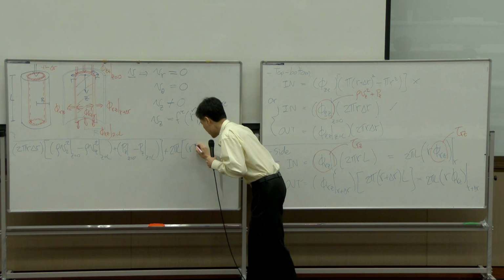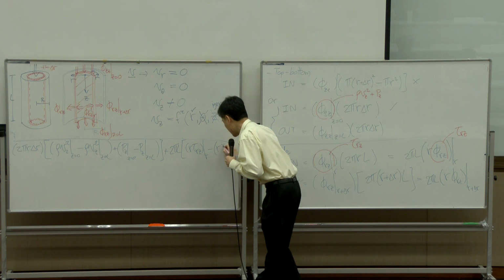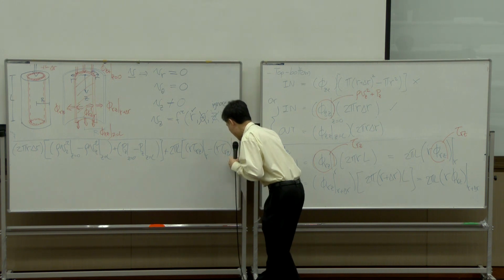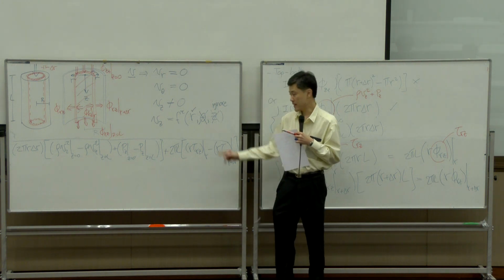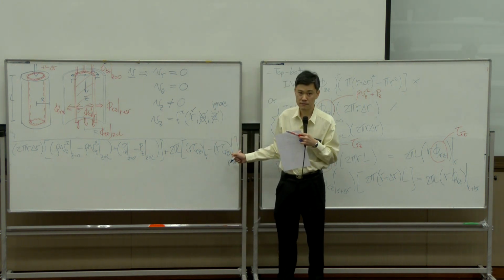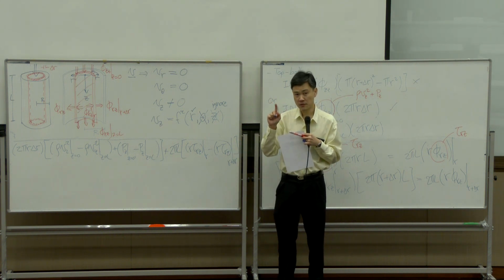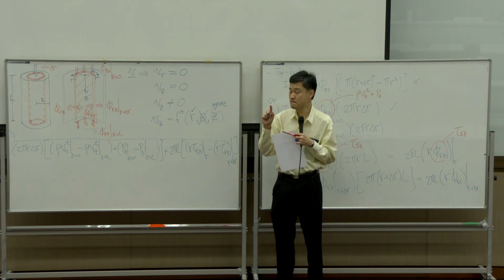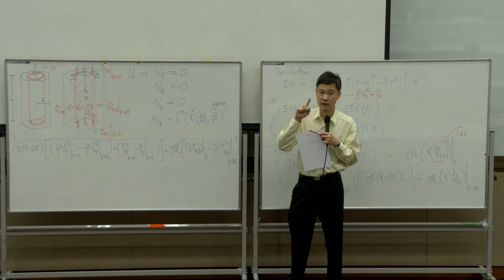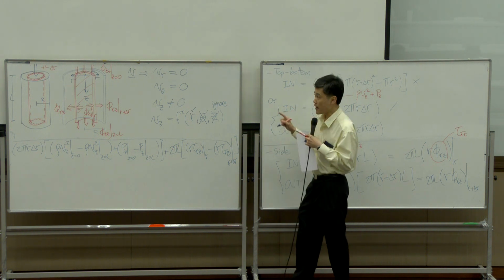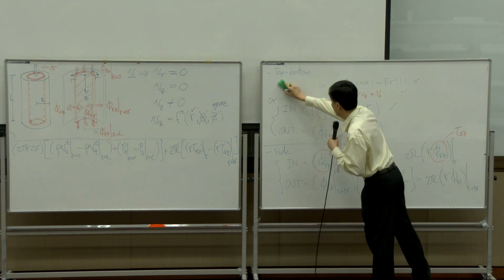So it is r tau rz at r minus r tau rz at r plus delta r. That's in and out. The third term must be a force. Okay? And force should be associated with gravity. Force by gravity is basically mg.